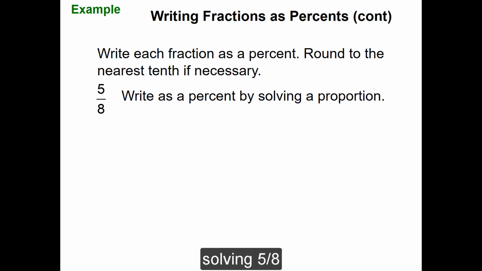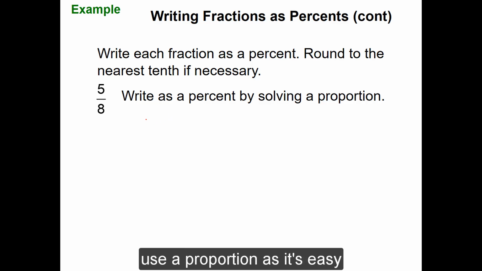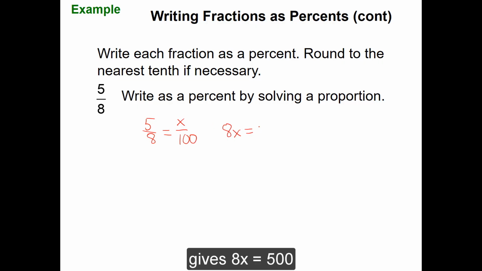Okay, solving 5/8 as a percentage. Again, we'll use a proportion because it's easy. So we do the cross multiplication. We get 8x is equal to 500.